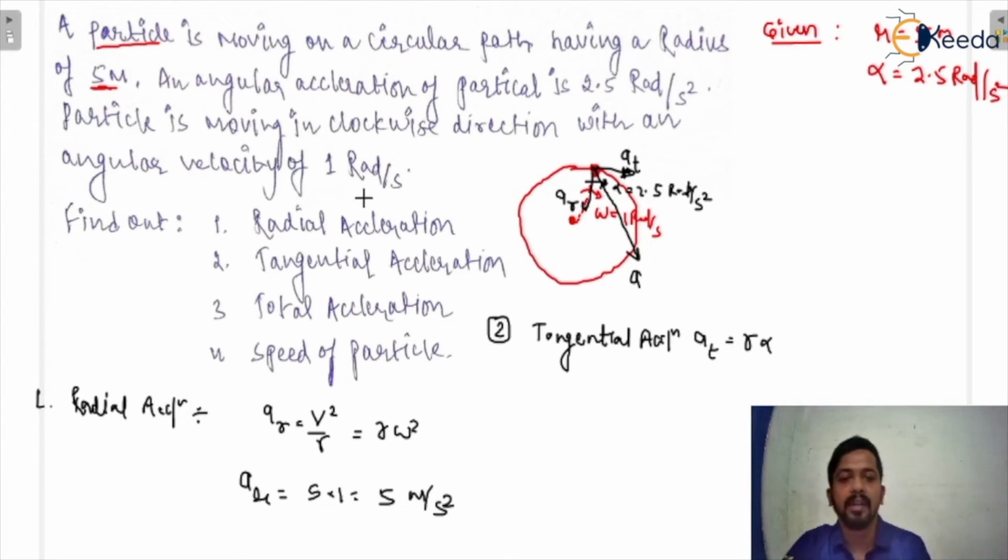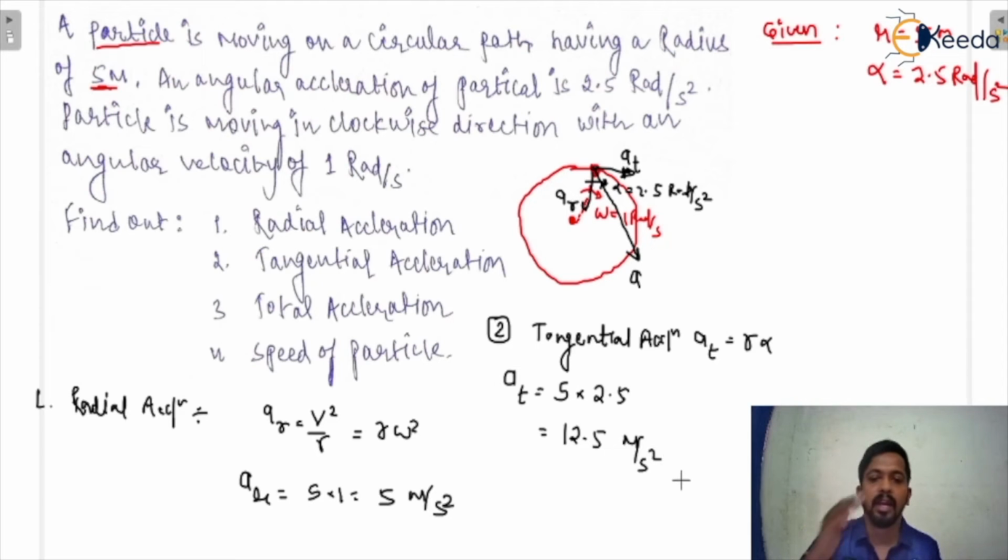Alpha is given and R is given, so we can calculate it. R is 5 and alpha is 2.5, so that would be 12.5 meter per second square. Since we have calculated the tangential acceleration and radial acceleration, it would be easy to find the total acceleration.